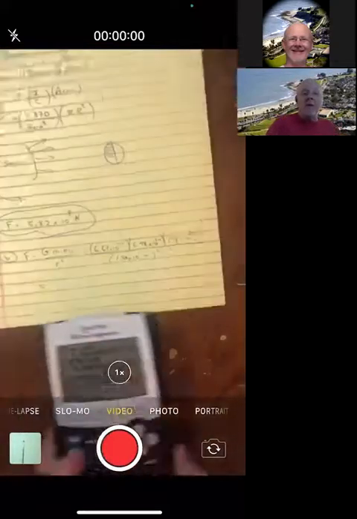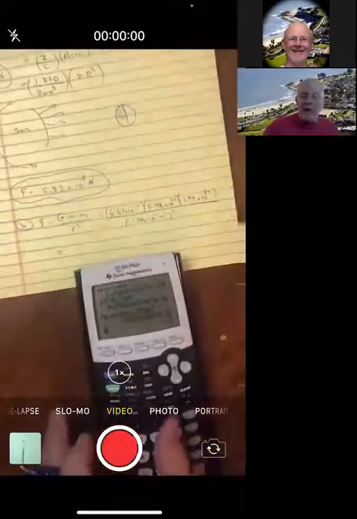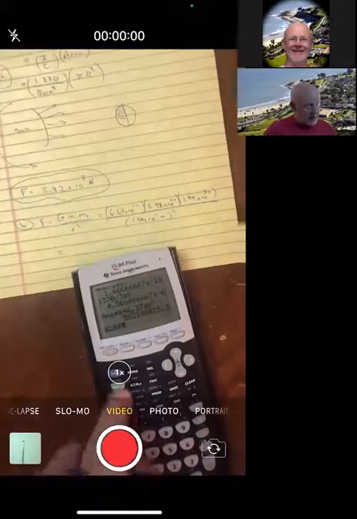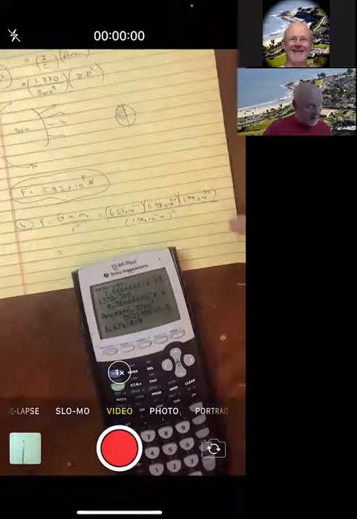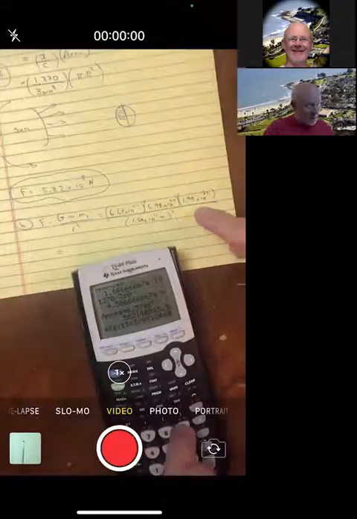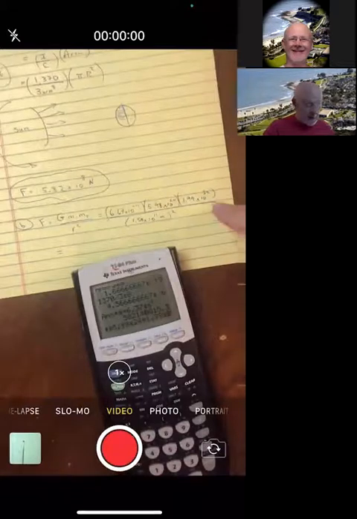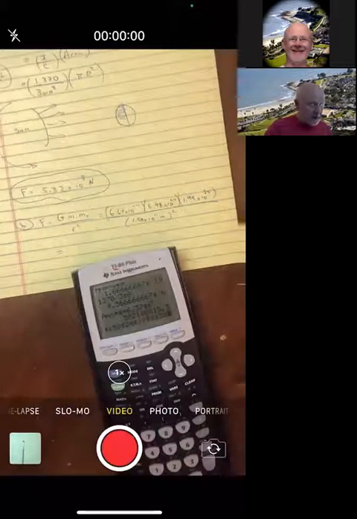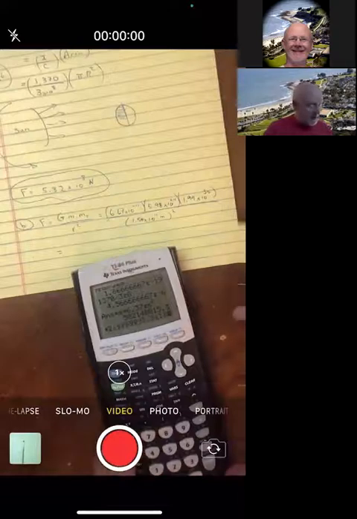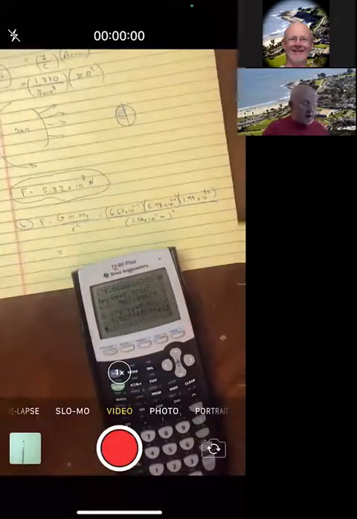And let's see how much gravitational force we get from the sun. So 6.67 times 10 to the negative 11 times 5.98 times 10 to the 24 times 1.99 times 10 to the 30th divided by 1.5 times 10 to the 11th squared.